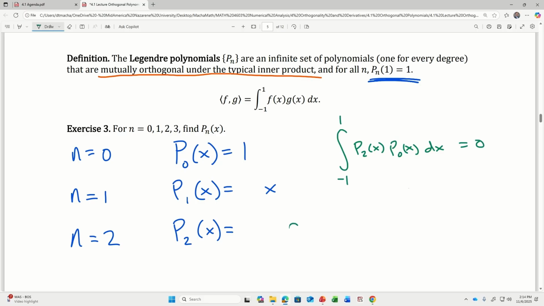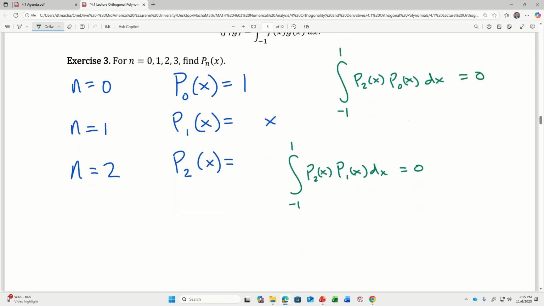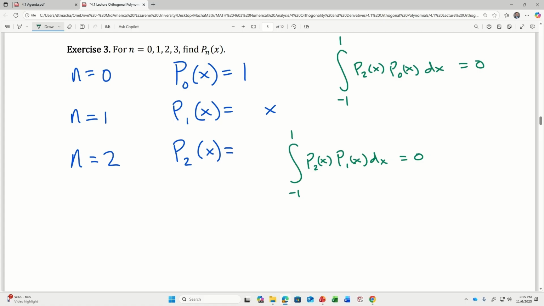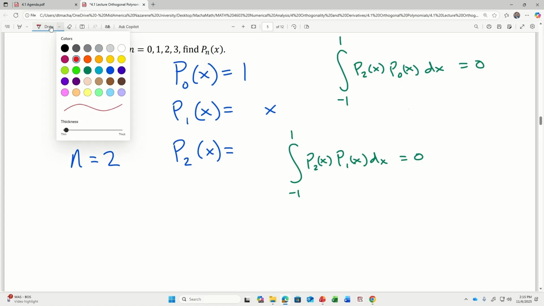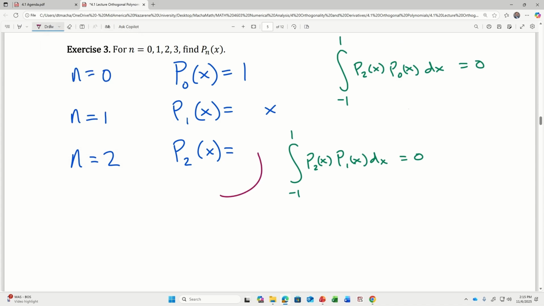And I also have to be able to take the integral from -1 to 1 of p2 p1 and get 0. Because these should all be orthogonal to each other, right? And knowing that this is a second degree polynomial, this is going to look something like ax squared plus bx plus c.